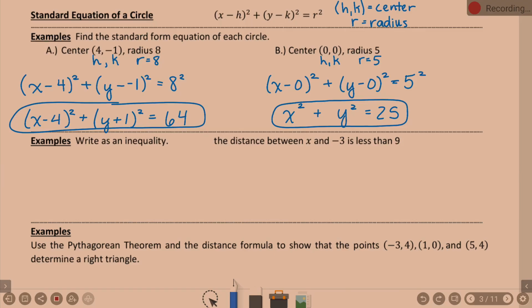It talks about the distance between x and negative 3 being less than 9. My hint would be to think about distance. If you flip over to the front side of your notes, we talked about distance yesterday.